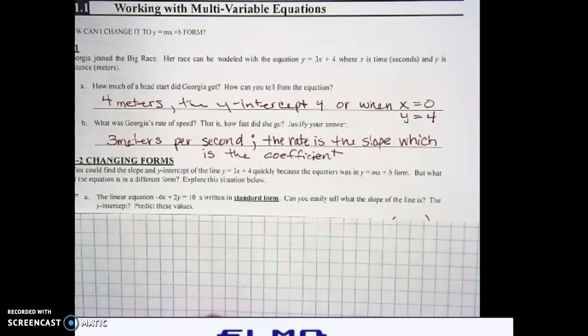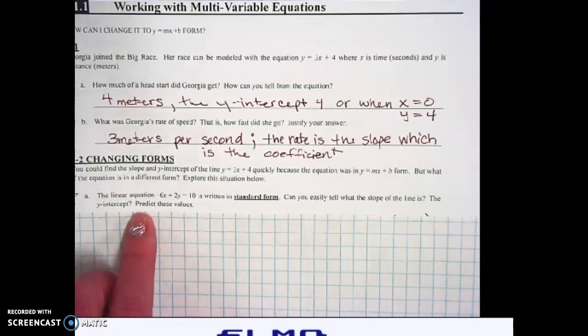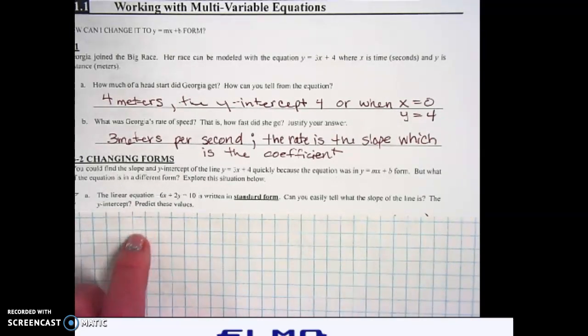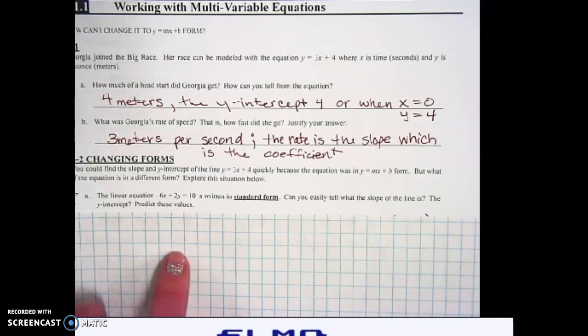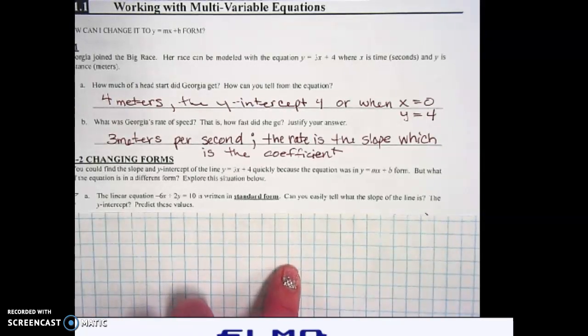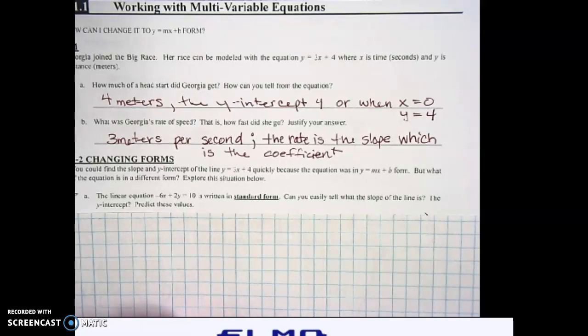Can anyone easily tell what the slope is or what the y-intercept is? Okay? You are going to predict what you think they are. On the line below, you're going to write, I think the slope is, and then write the number that you think it is. So write that right now. I think the slope is, fill in your number.